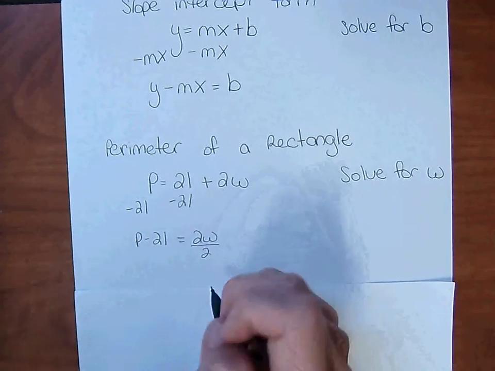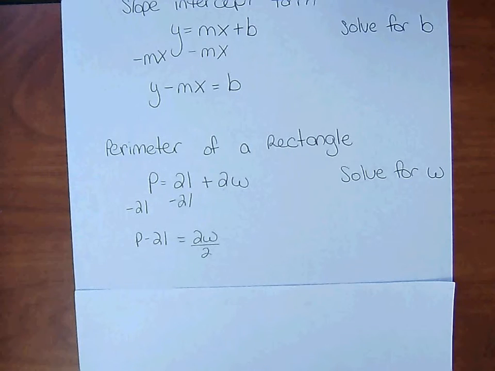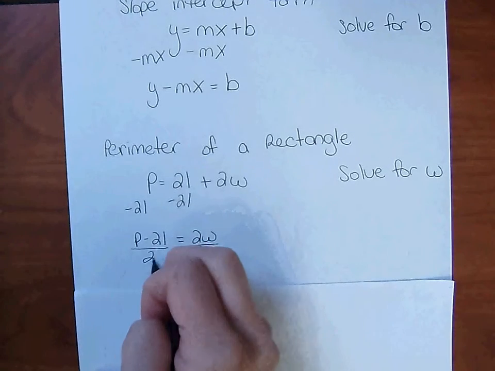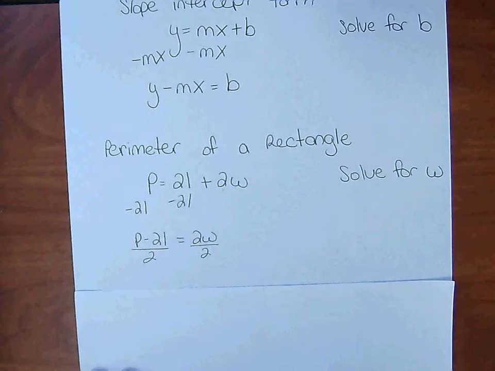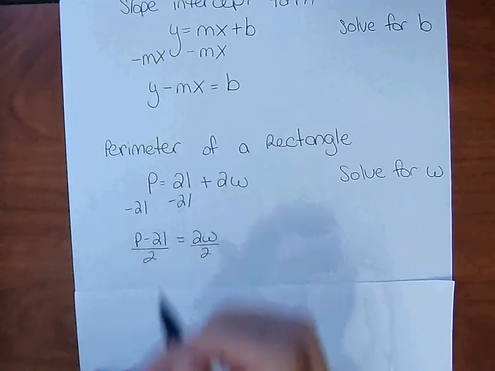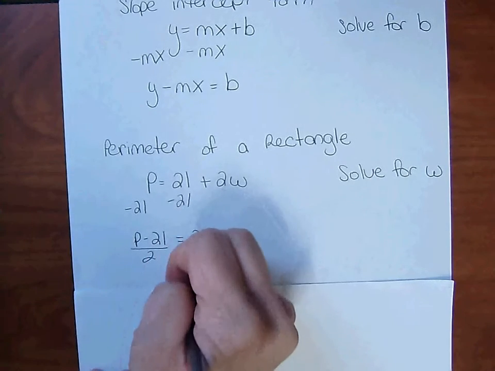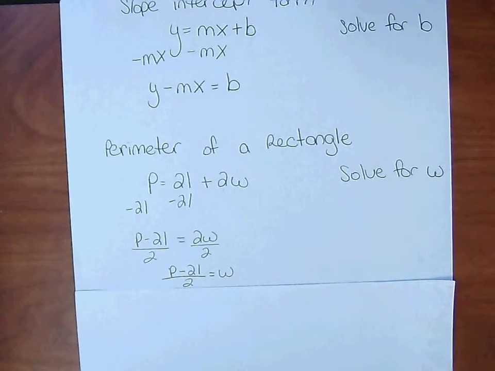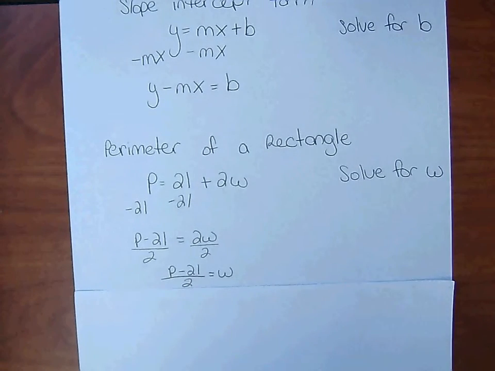Now, when we divide the left side by 2, there's two ways to do this. The first way is if we just divide the entire left side and leave it as P minus 2L over 2 equals W. Depending on your teacher, that could be an acceptable answer.